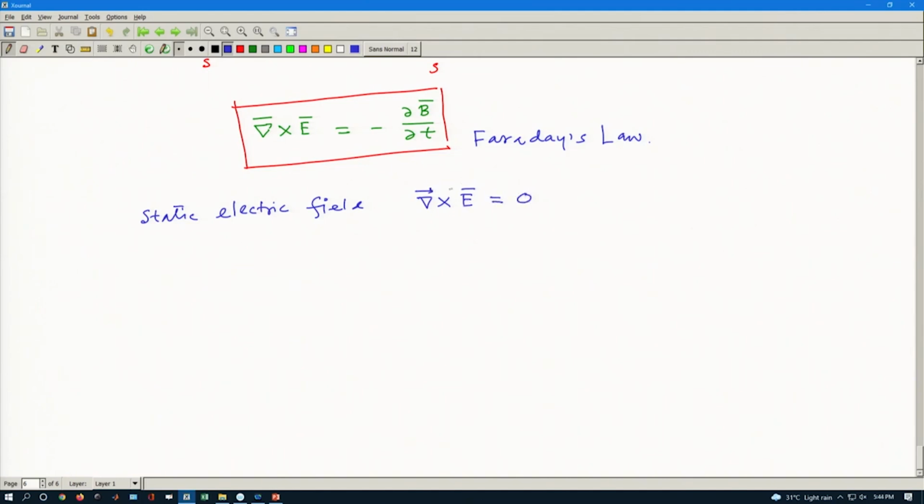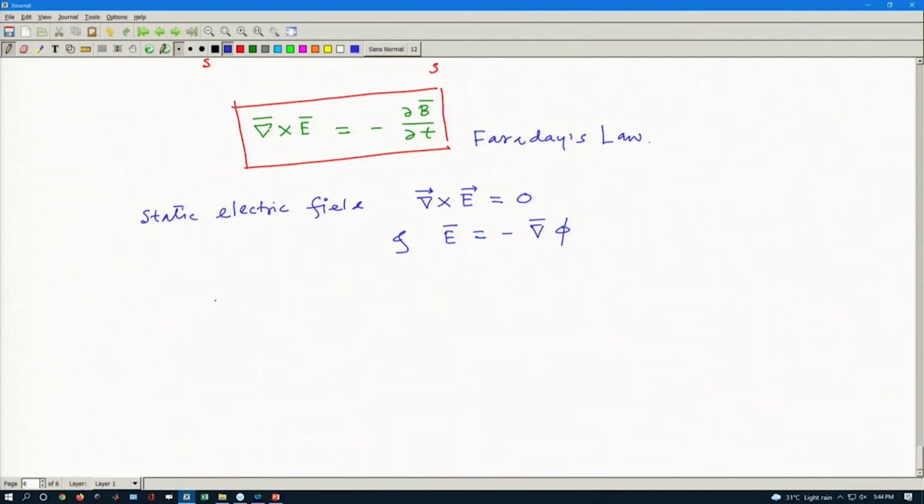That was our expression for the static electric field. And because of that, E can be written in terms of a potential, and that potential is minus grad phi. This is a scalar potential, and I can write E in terms of the gradient of that scalar potential with the negative sign, and that is the way we define E.